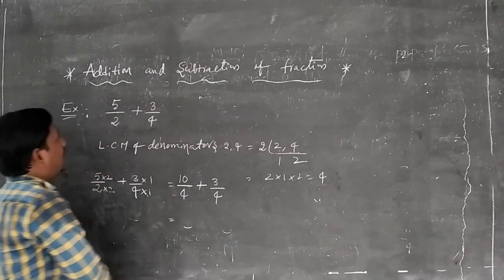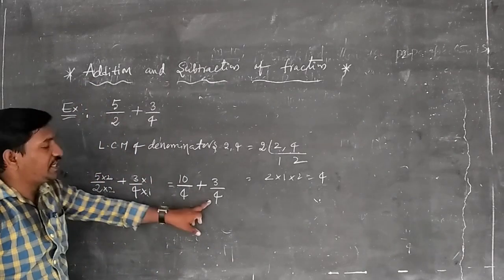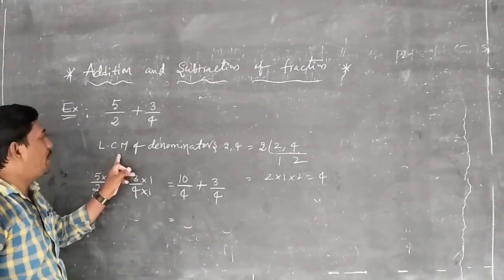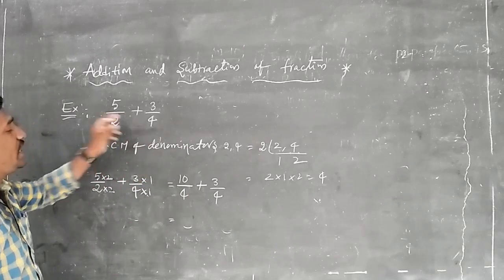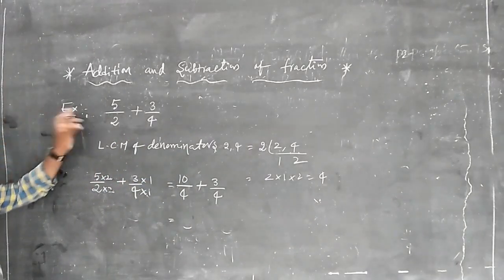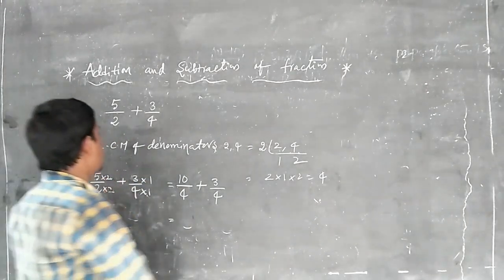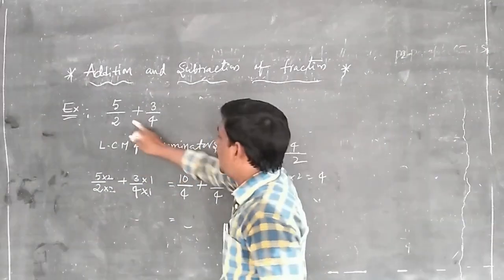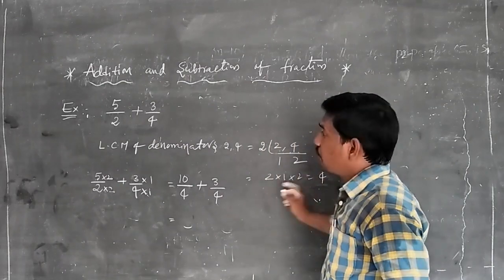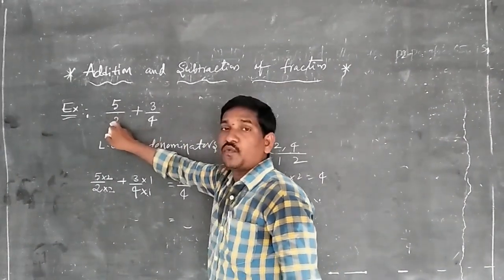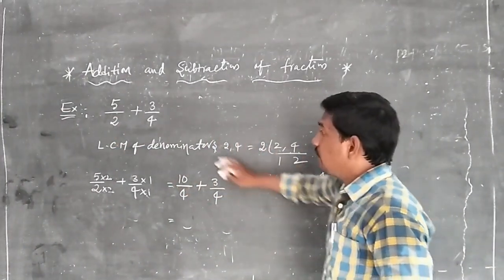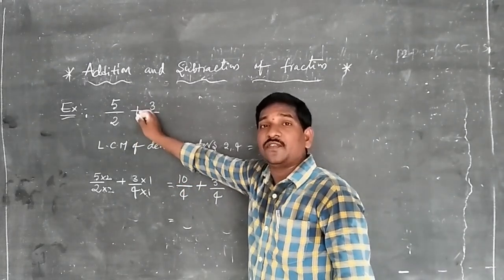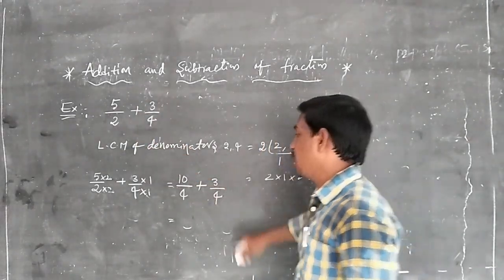So the unlike fractions are converted into like fractions by finding the LCM of the denominators, and then the denominators become equal.